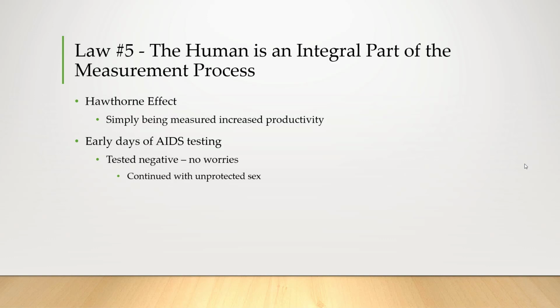What the study was saying is that if 100 people came in and said they were negative and had been continuing unprotected sex, they would say, well, my test was negative, I'm not doing anything wrong, and it would not increase their sexual awareness.